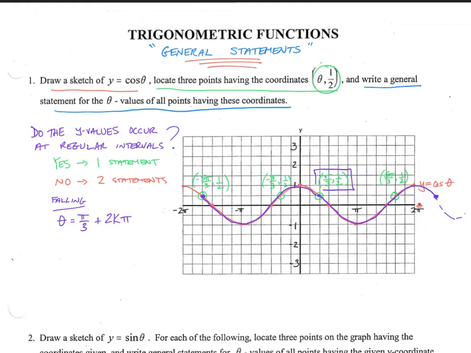If we all have an agreement that when we use k, we know that it represents an integer, then we're not going to have you write k is an element of I as a restriction in every general statement you create. Instead, if we see k being used, we understand that it represents an integer. You don't need to include it.